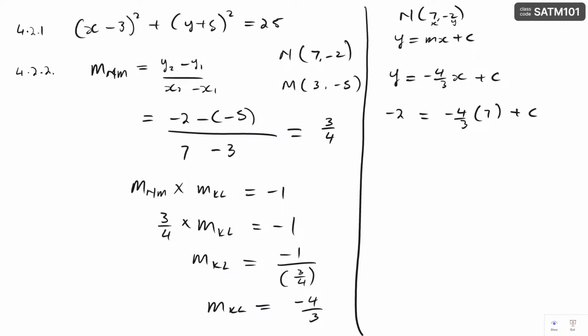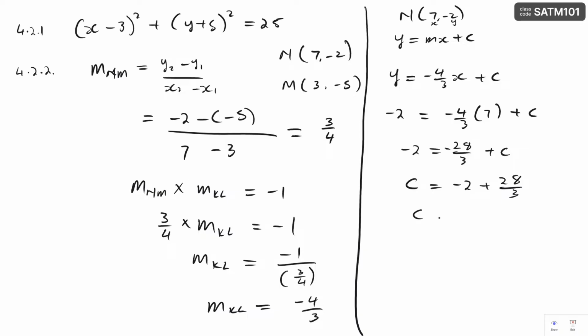So taking your calculator, we say -4 over 3 times 7 is going to give us -28 over 3 plus c. So you need to take -28 over 3 to the other side. So c is equal to -2 plus 28 over 3.